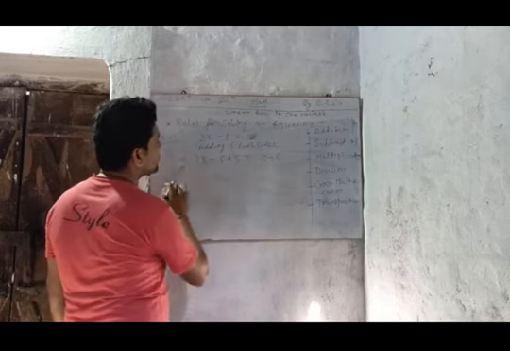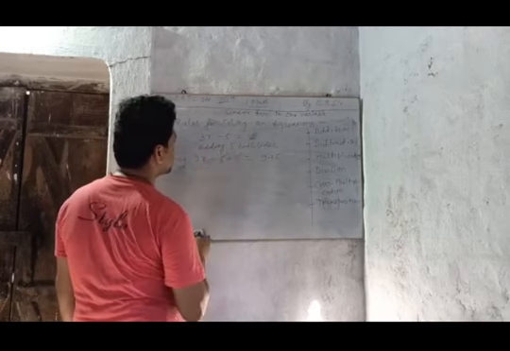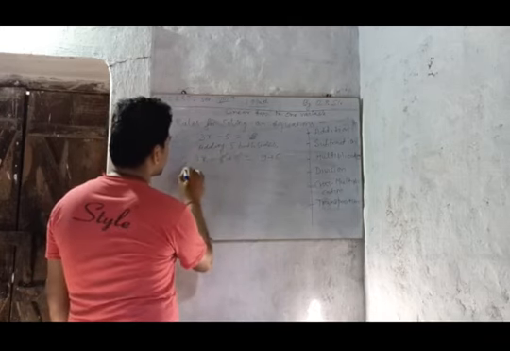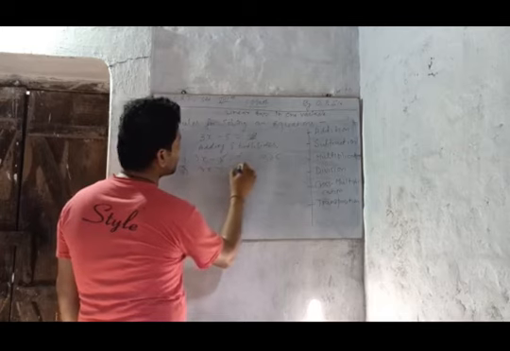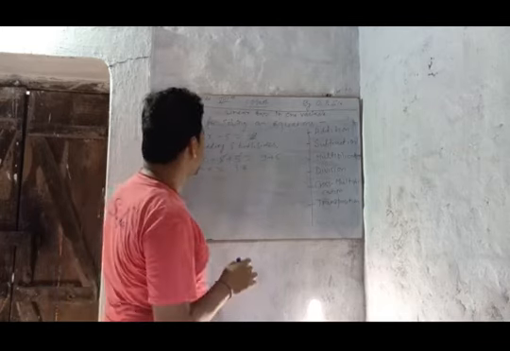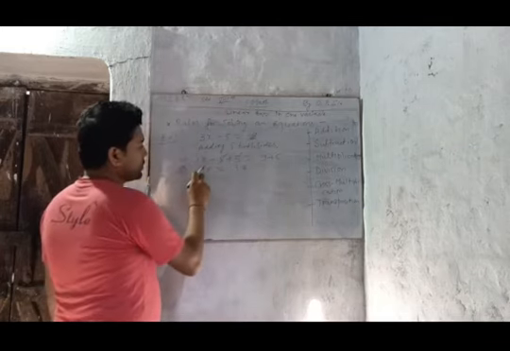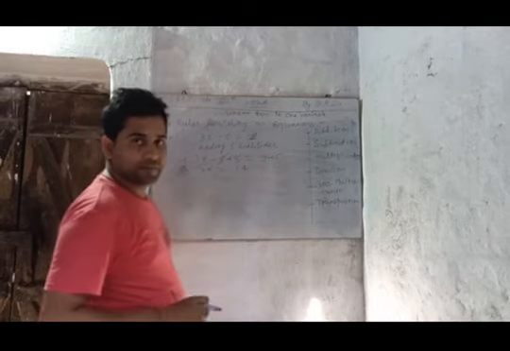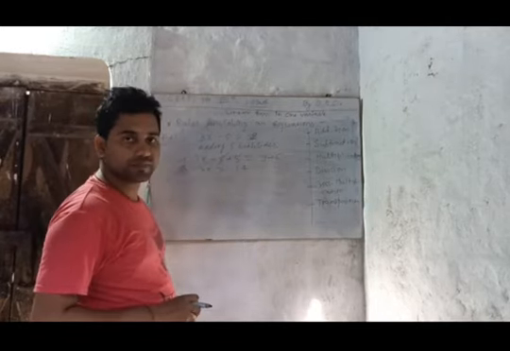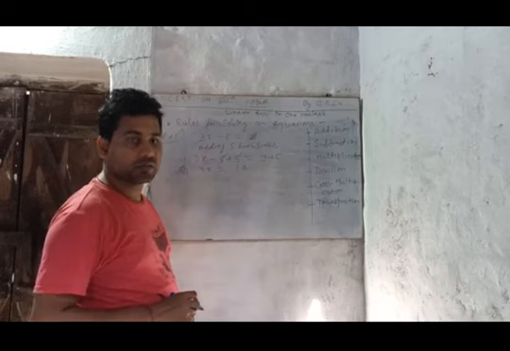Dear students, now you can see these are cancelled and we will get 3x is equal to 14, 9 plus 5. Now 3 is on the left hand side with the variable, which is multiplied, so we'll go for division.